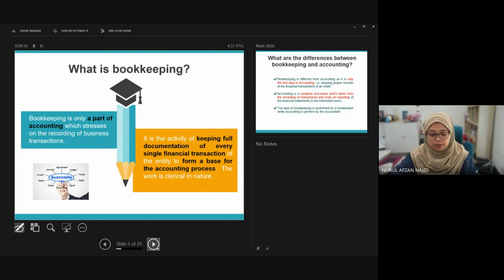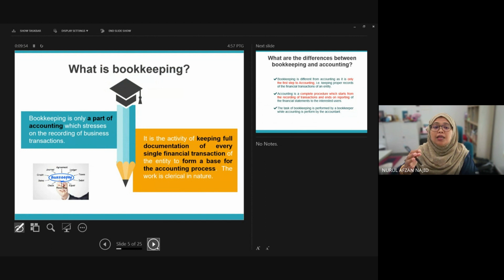Kebanyakannya akan ada satu buku 55 ataupun buku nota yang akan dia rekodkan keluar masuk duit.